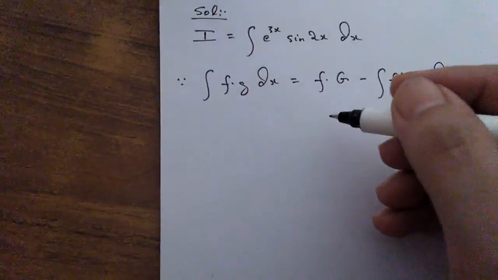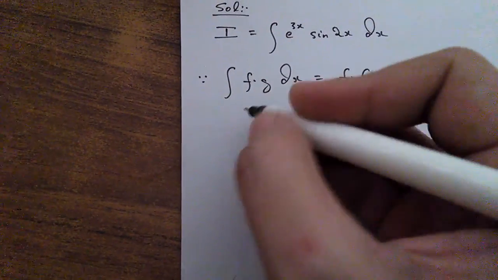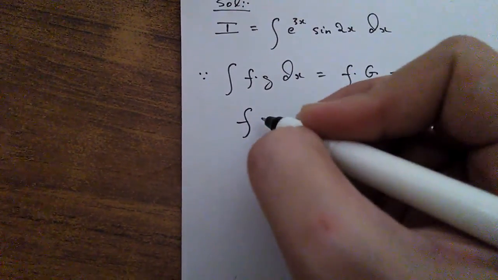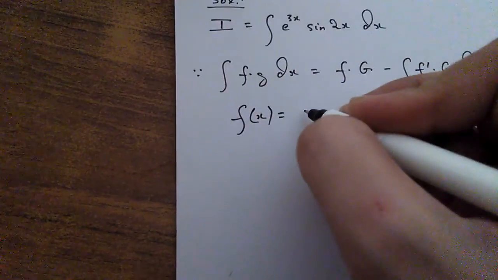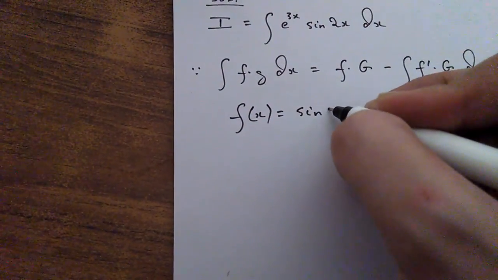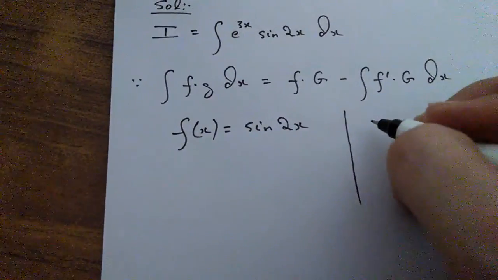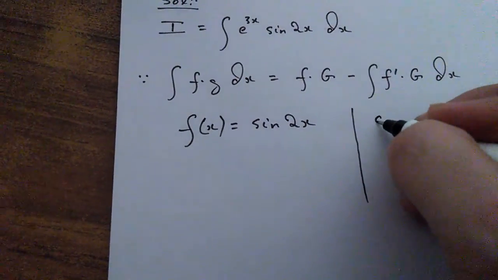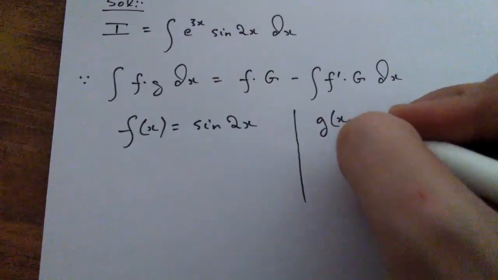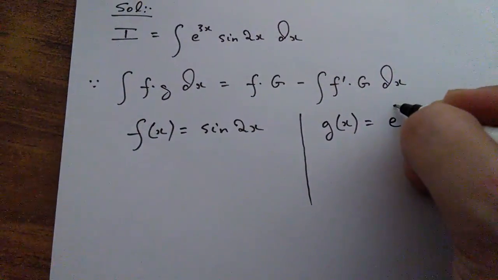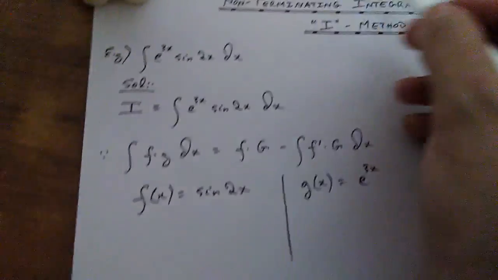I decided to pick the trigonometric function as my f of x, the function to be differentiated while performing by parts, and the exponential as my g of x, the function to be integrated.